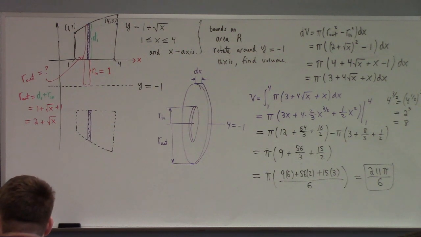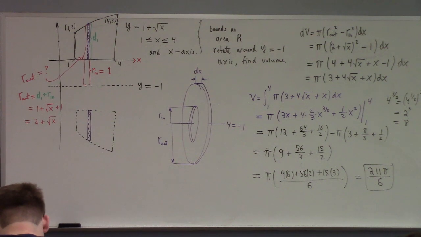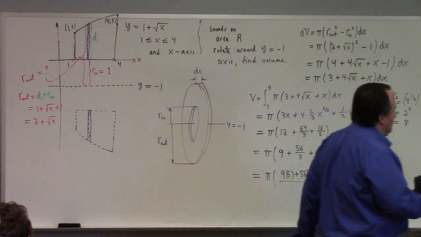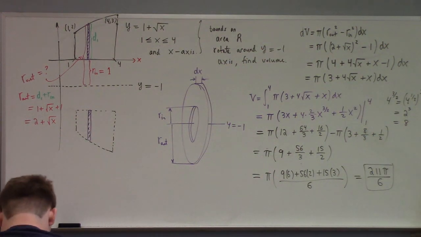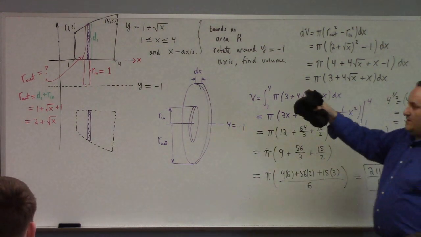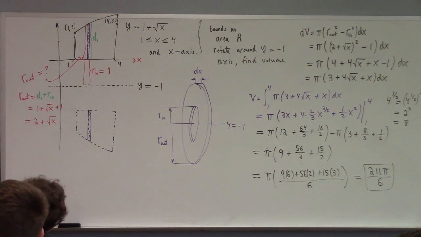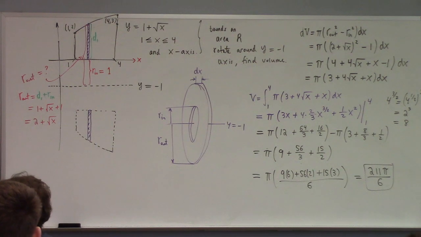Let us work another problem. What if I took the same shape, but instead of rotating around the y equals minus 1 axis, what if instead I rotated around, I don't know, x equals 5?